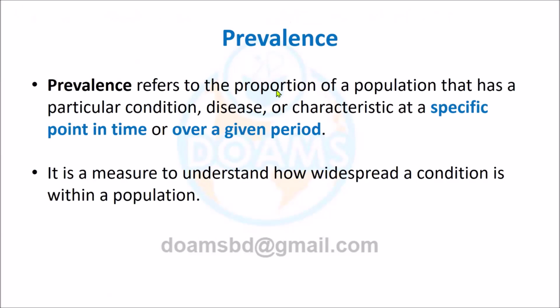So prevalence refers to the proportion of a population. Proportion, doctor, remember, means we have to divide something that has a particular condition or disease or character at a specific point of time or over a given period. How is it said? Suppose dengue patients in Saudi Arabia, or let's say in the South Asian countries. You know dengue patients nowadays are very common in South Asian countries.